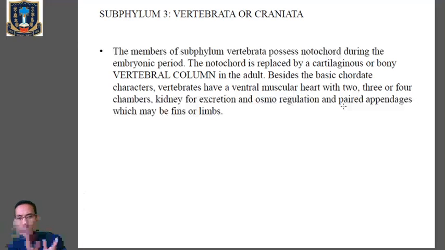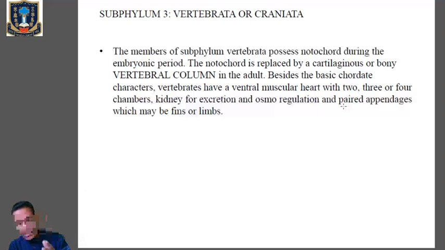External segmentation cannot be seen. It's not visible. But when we look into the internal structures, we can see some degree of internal segmentation or metamerism, mainly in the muscles, the vertebrae or the ribs, in an organism that belongs under the subphylum Vertebrata.